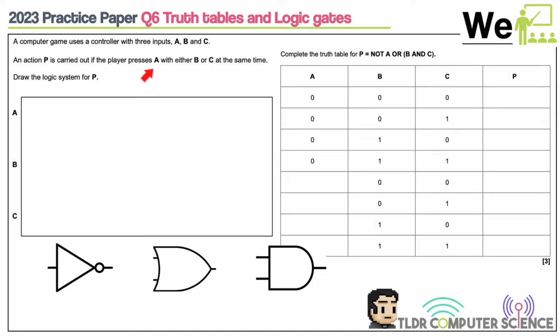So A always has to be pressed. And if you press either B or C, it will work. So if A is 1 and B is 1, will it work? If A is 0, will it ever work? So what would you use to make sure it always has to be A?